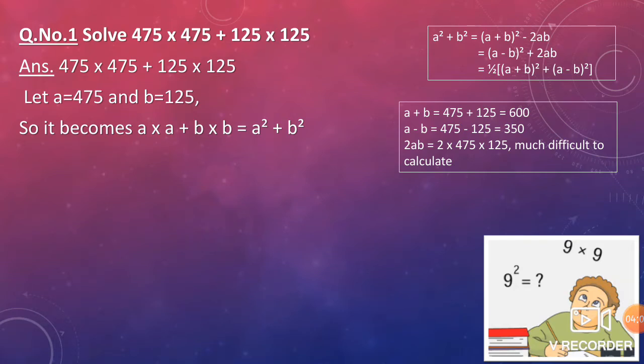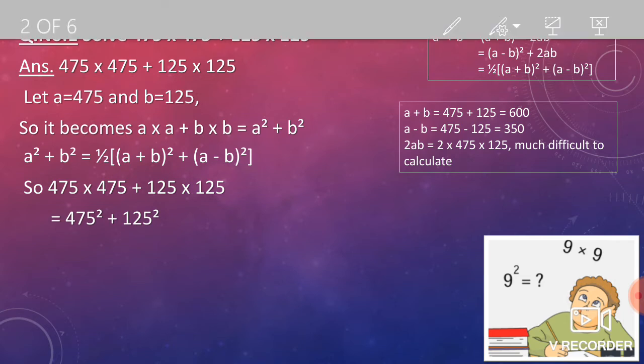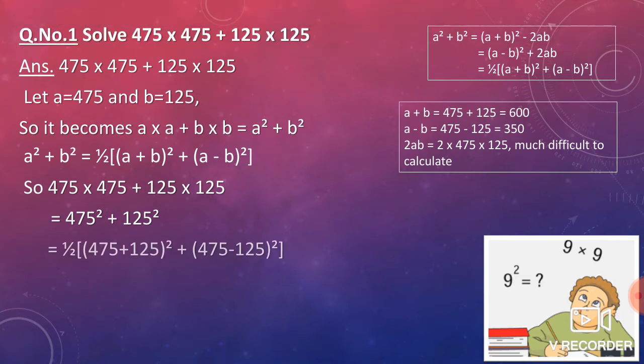So let us implement the last formula. 475 into 475 plus 125 into 125 equals 475 square plus 125 square, which by the formula is half of 475 plus 125 square plus 475 minus 125 square.